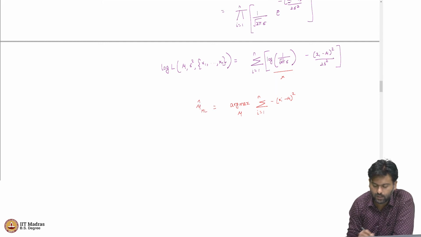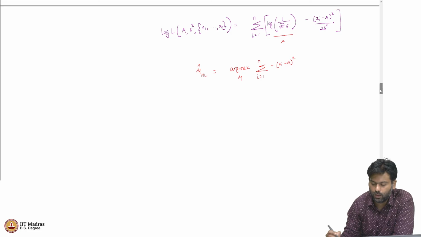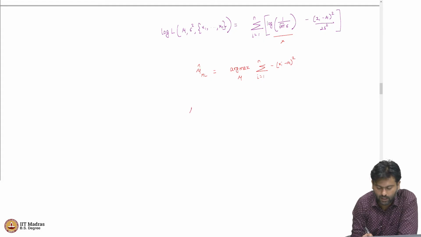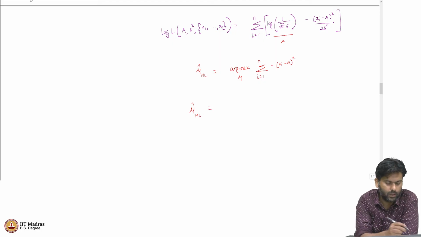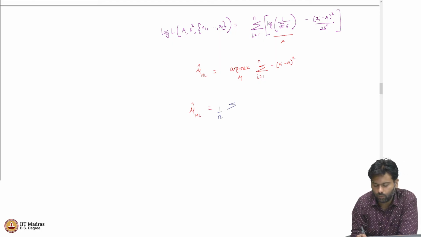So that's going to be my guess, which is an argmax over mu of the negative of this, which again you can take the derivative, set it to 0, and please do that. Try that out. It's just 2 steps. This again happens to be 1 over n, the sum over i equals 1 to n of xi.